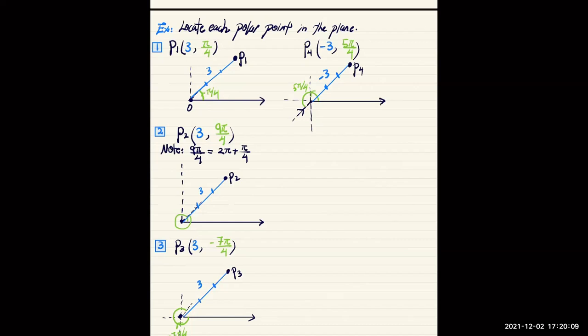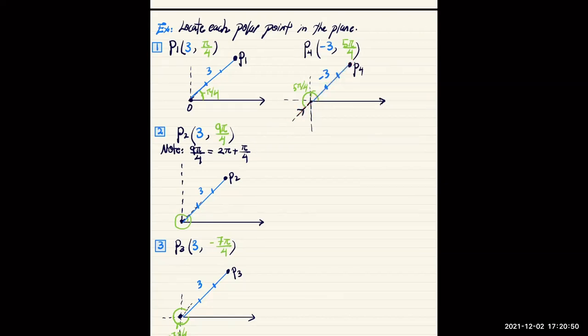Wait, Professor, why isn't it the other way? Why is the negative 3 not in quadrant 1? If this was a positive 3, just like before, you measure your theta and you draw the terminal side. Go 3 units on the terminal side. But if r is negative 3, instead of going over your terminal side, you go the opposite.